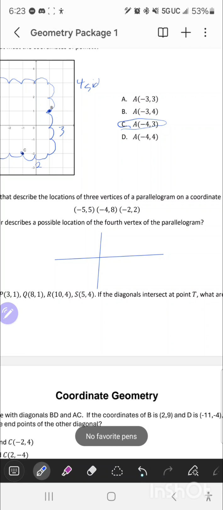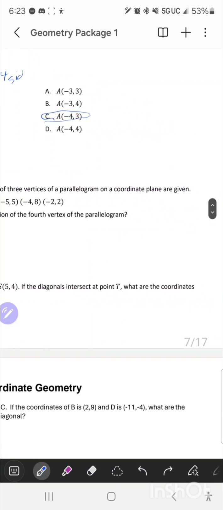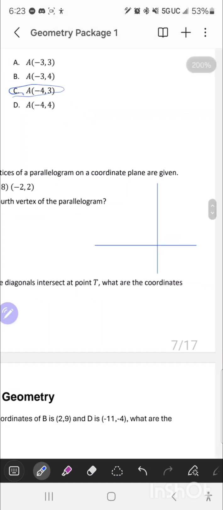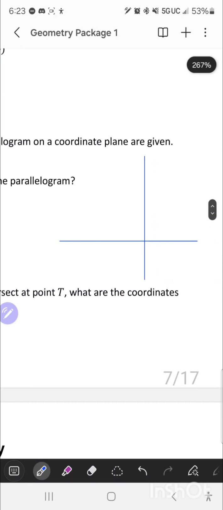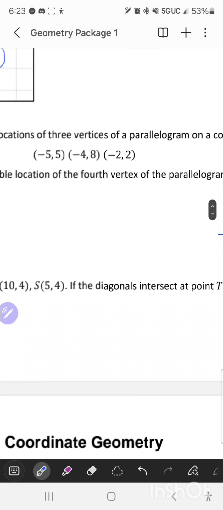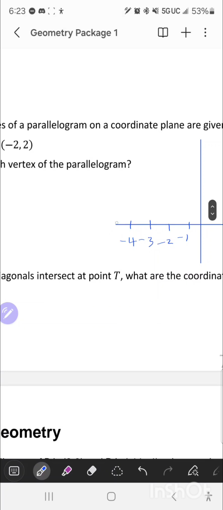It actually needs to be bigger. I'm going to do it here. And I'm going to say this is 1, 2, 3, 4. I don't think I need more than this. Oh yeah, I need 5.